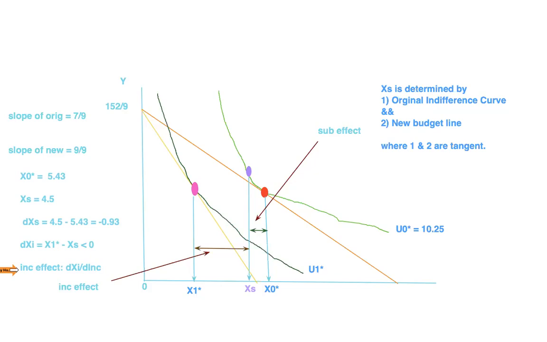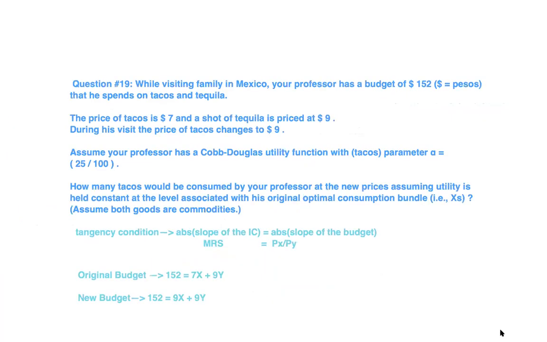I know it's subtle, but you have to distinguish between the impact that the substitution effect and the income effect have on the purchases of the good we're analyzing, which is the tacos, and the effects themselves, which are defined as these ratios.